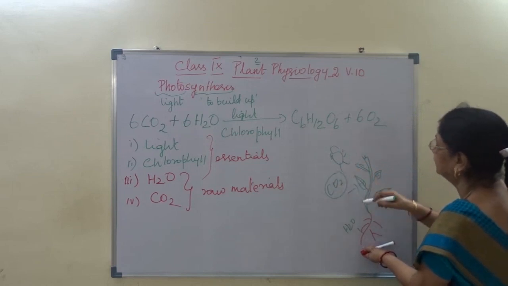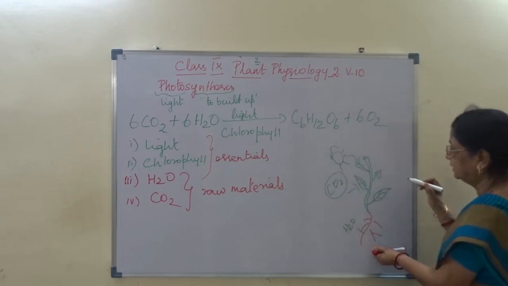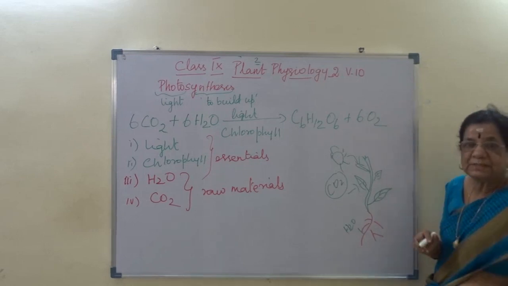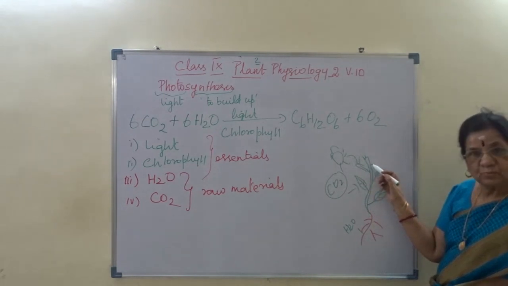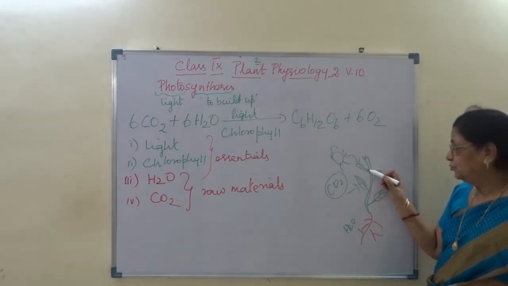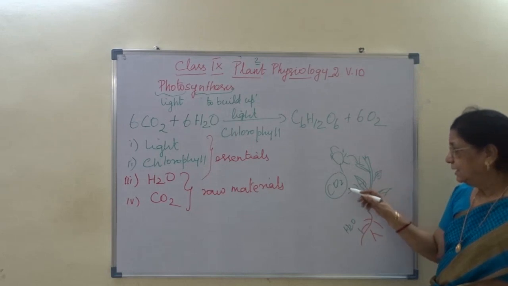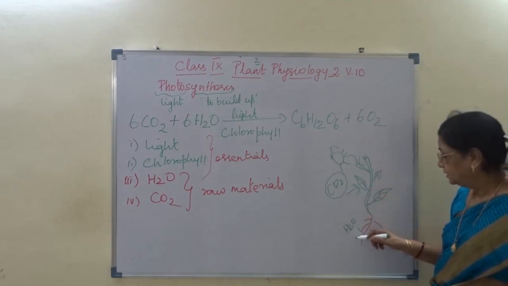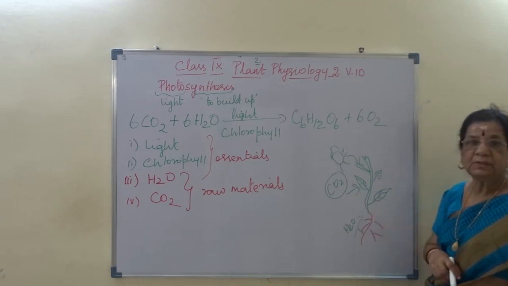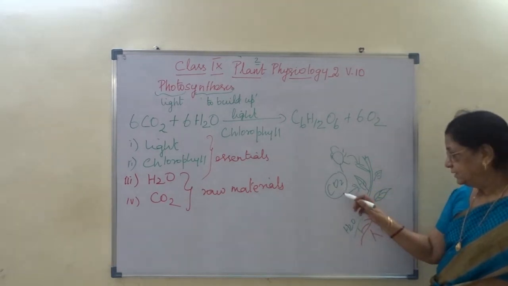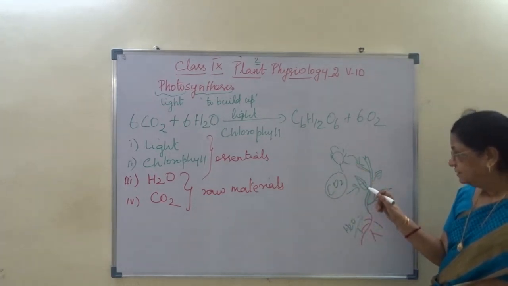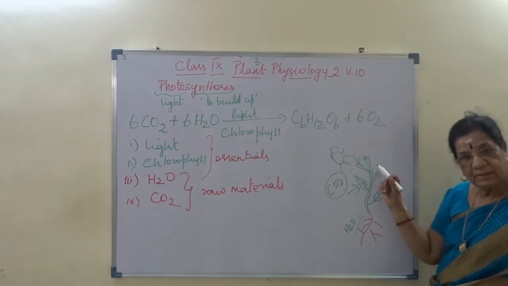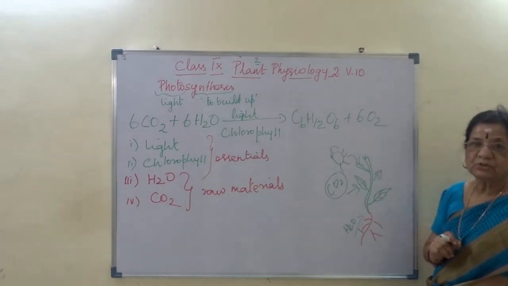Sunlight falls on the leaf, and chlorophyll is present in the leaf. So water and carbon dioxide are the raw materials, and sunlight and chlorophyll are the essentials of photosynthesis.